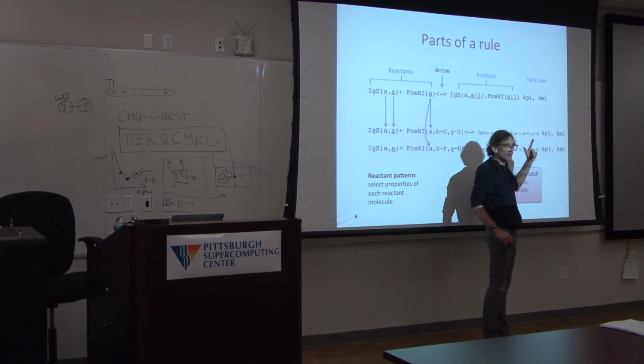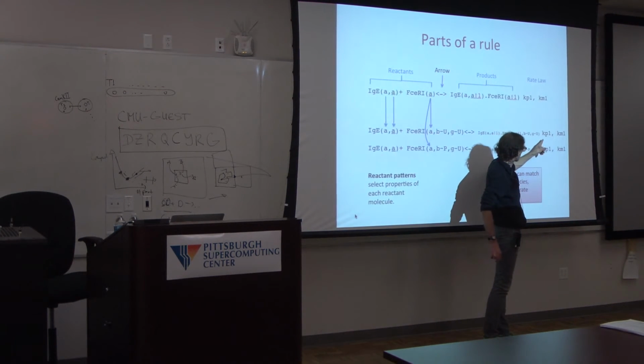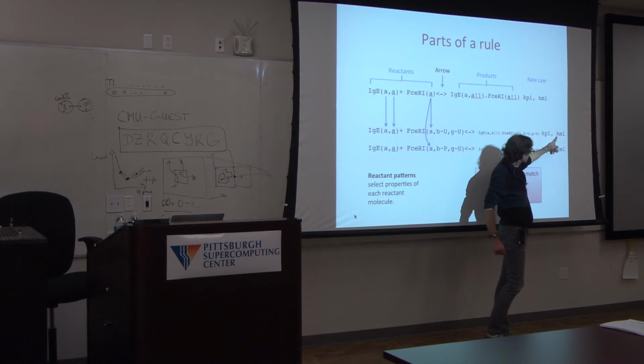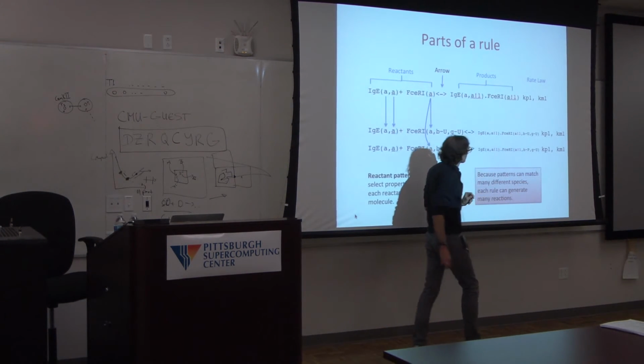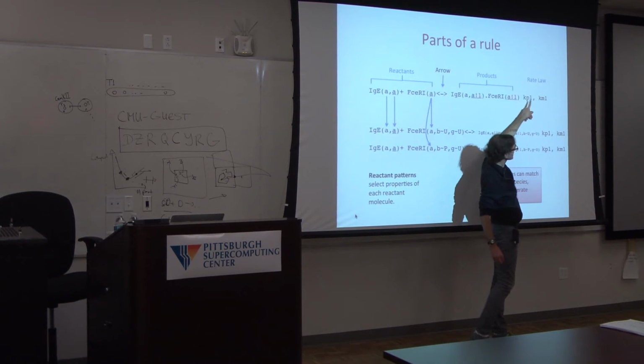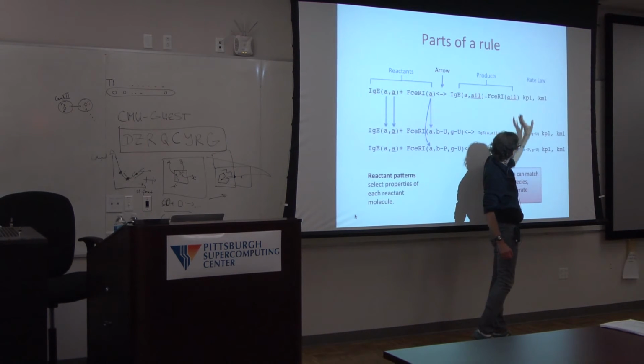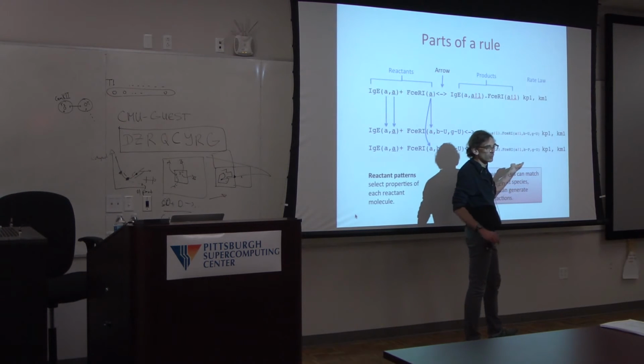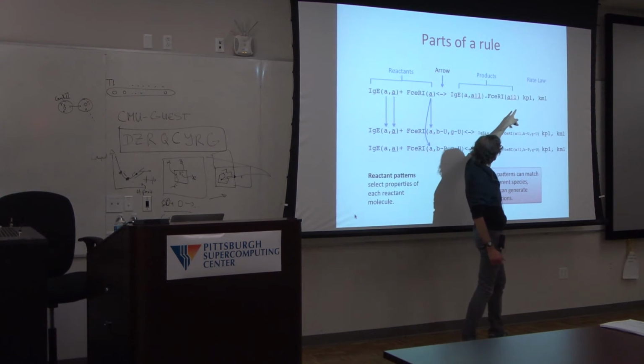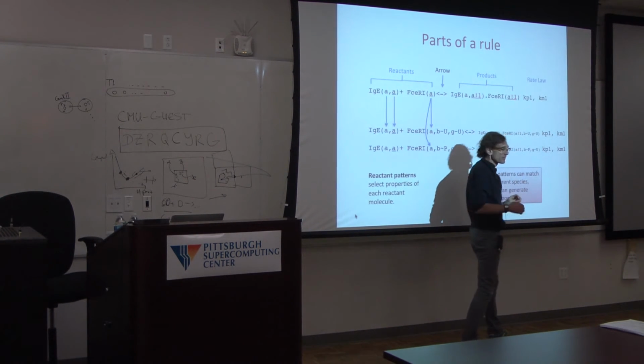And the key point, to go back to our parameter discussion, is that the reactions generated by this rule both inherit the same rate constants that were associated with the rule. So every possible reaction that's generated by a rule inherits the same rate constants.